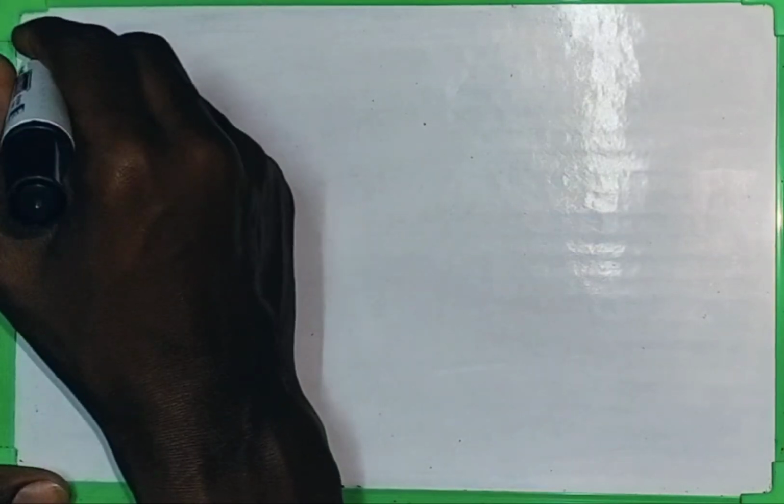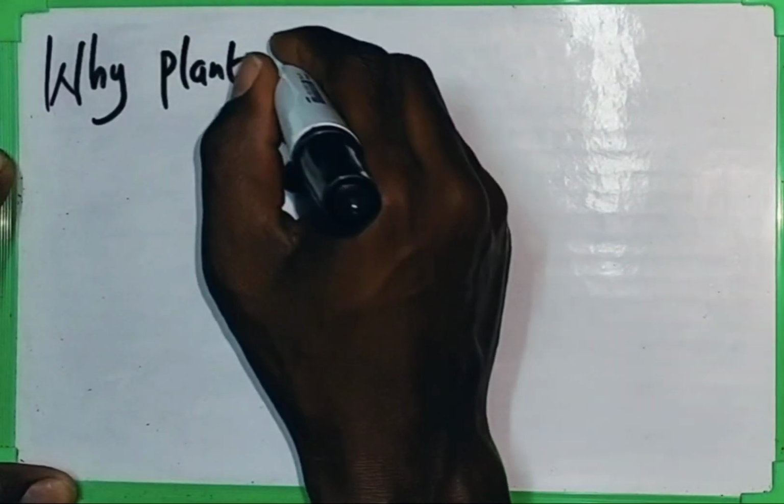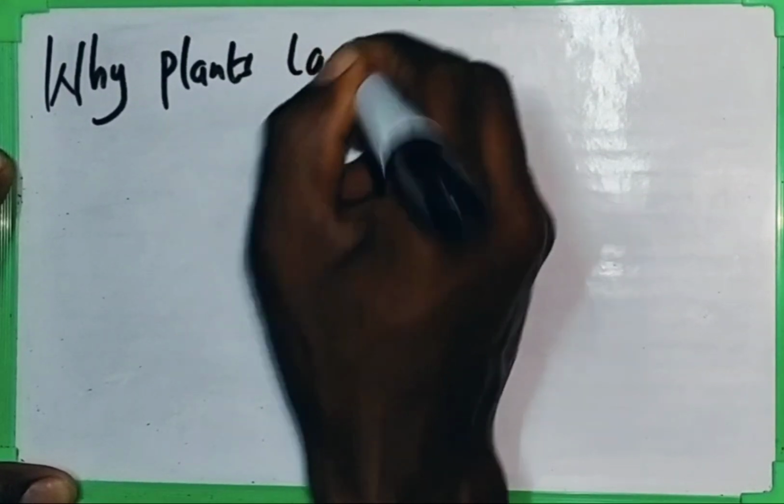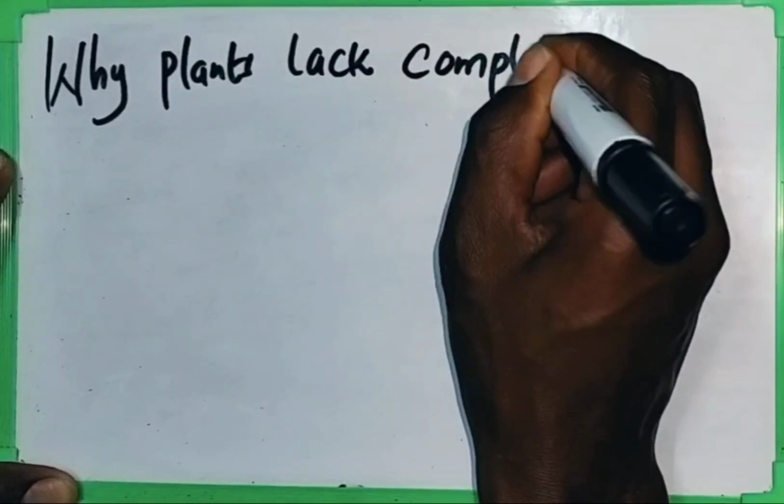Our last objective in this lesson, we shall look at why plants lack complex excretory organs or systems. We are giving reasons why plants lack complex excretory organs.